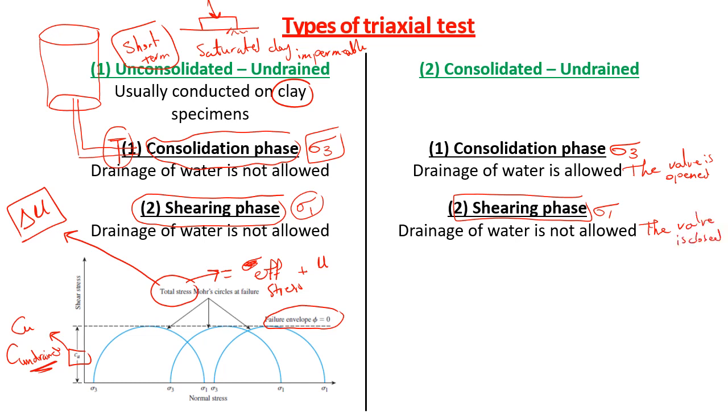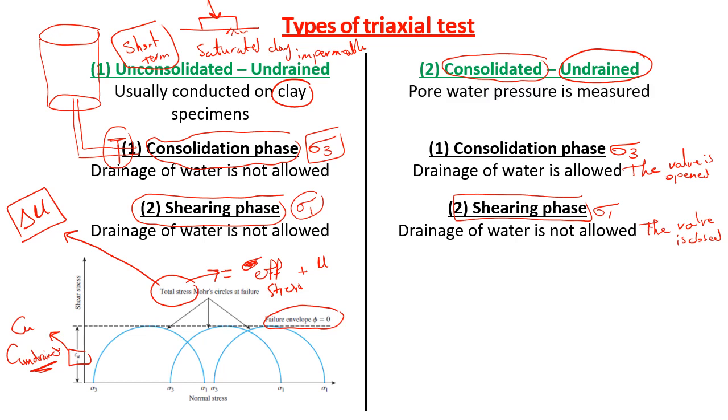So it's a mix. You have two phases. In the first phase the valve is open, and therefore the test is called at first consolidated. Then in the second phase the valve is closed, so it's called undrained. So it's consolidated undrained.